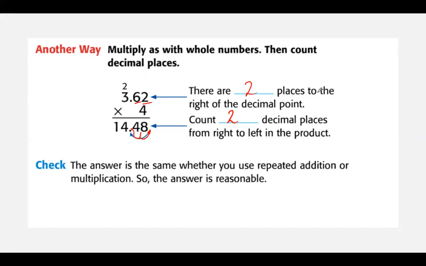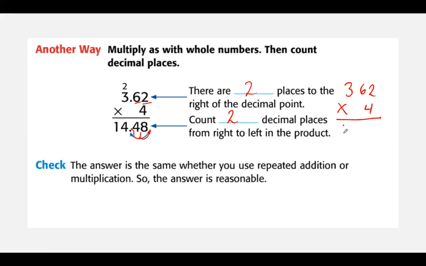So what you can do if you prefer is to rewrite the problem without the decimal point, because when we're multiplying, we can just ignore the decimal point. If you prefer, you can just do it like this, or you can rewrite it.